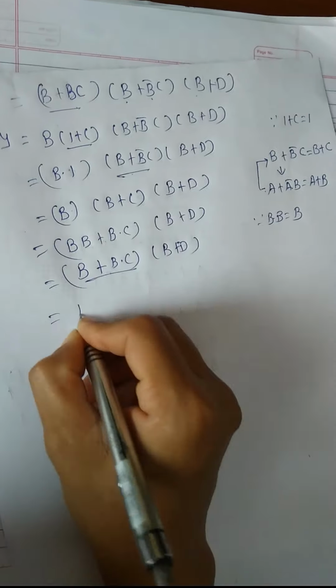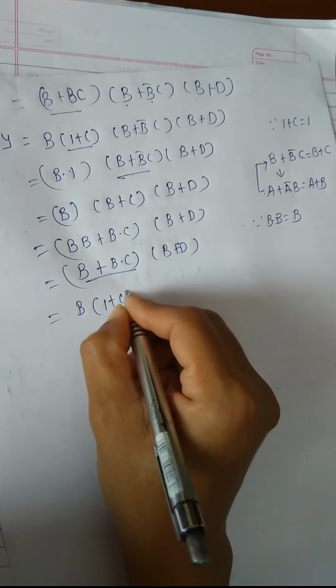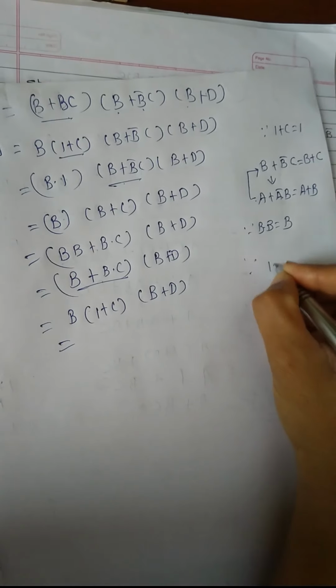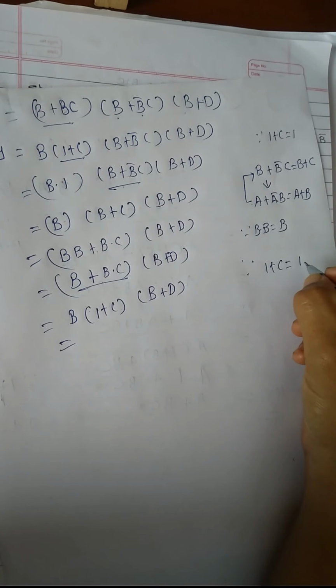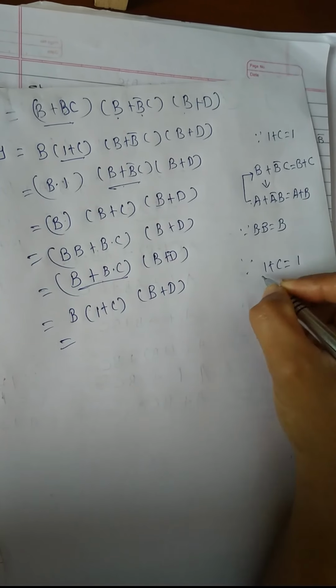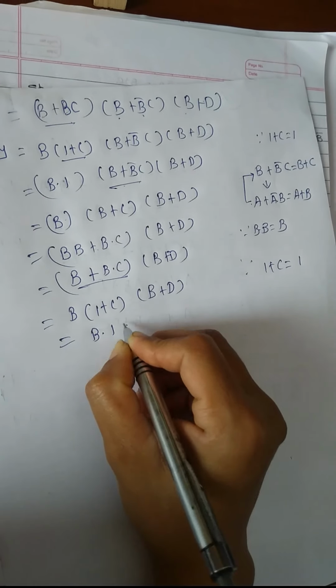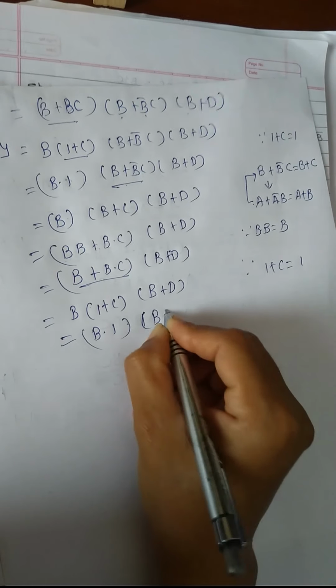In these two terms, take the common b, 1 plus c, then b plus d. Since 1 plus c, that law 1 plus a is equal to 1, this 1 plus c is represented as 1. So b into 1 into b plus d.